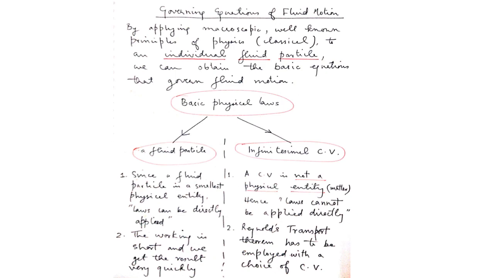The direct approach of using a fluid particle and applying physical laws means that, since a fluid particle is the smallest physical entity, laws can be directly applied, of course. Whereas if you go to the other side, the first point is that a control volume is not a physical entity. We know that it's just a volume in space, and hence laws cannot be applied directly.